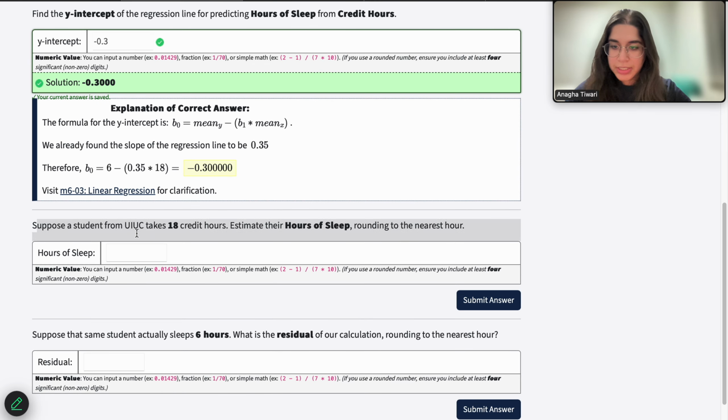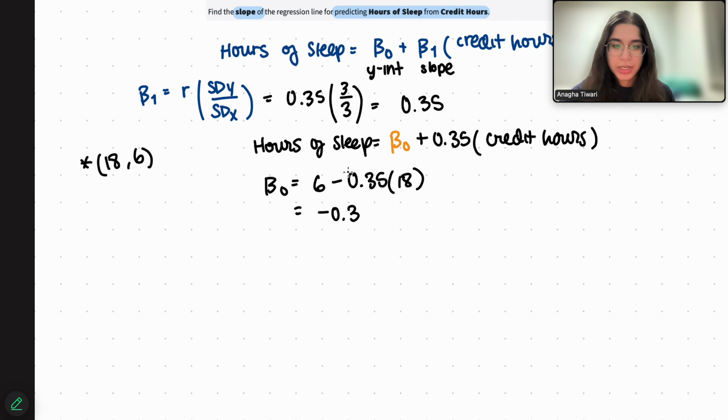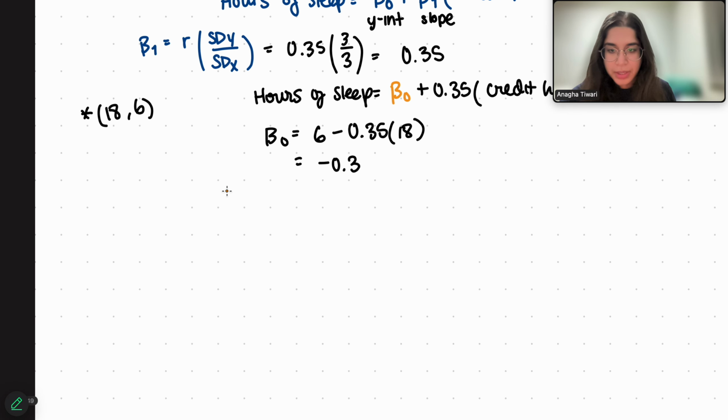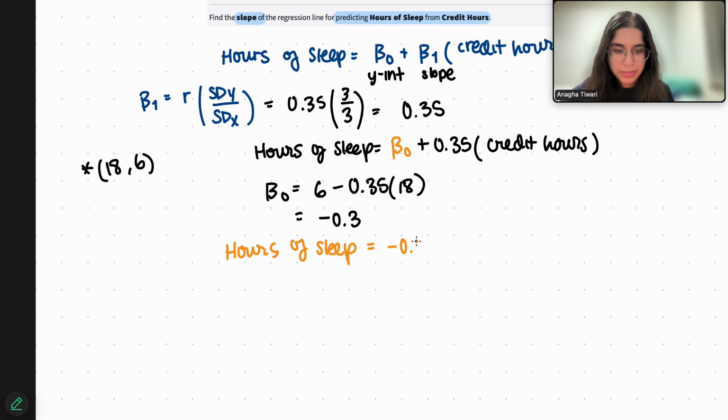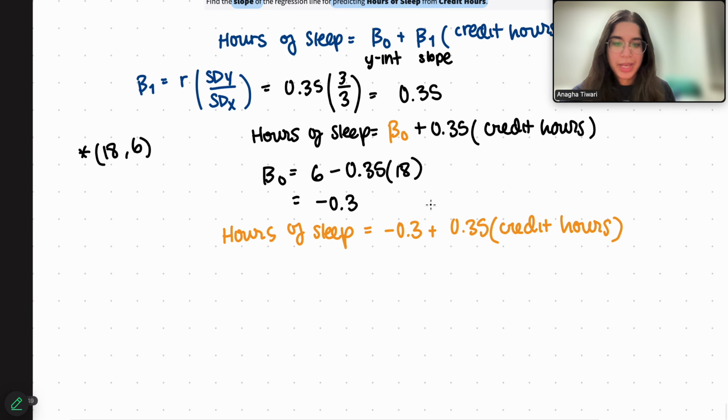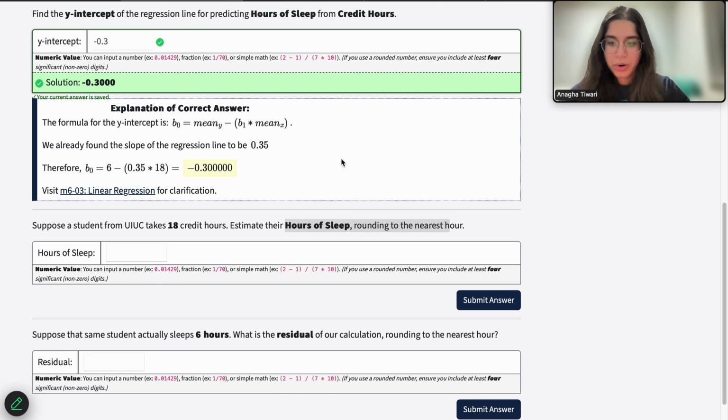And then here, now it says, suppose a student from U of I takes 18 hours, estimate their hours of sleep rounding to the nearest hour. So our final equation here is going to be hours of sleep equals the y-intercept, which is minus 0.3, plus 0.35 times our credit hours. Now they're asking us to estimate the hours of sleep for a student who takes 18 credit hours.